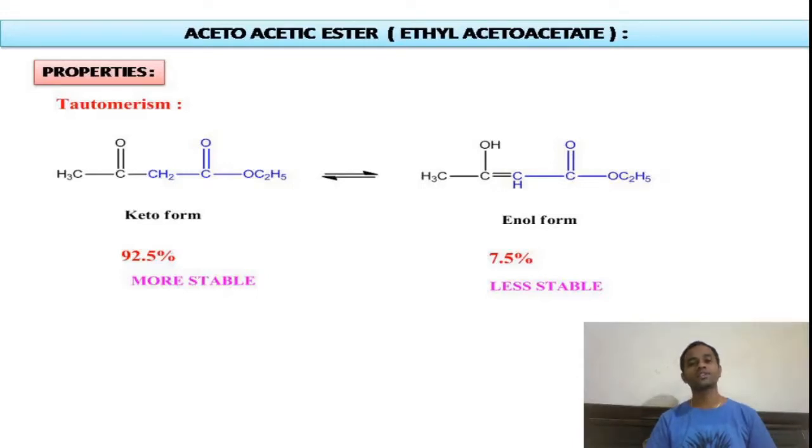So our acetoacetic ester exists in two forms, one is the keto form, another is the enolic form.